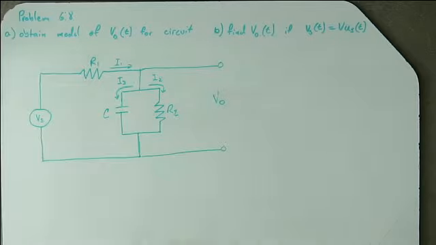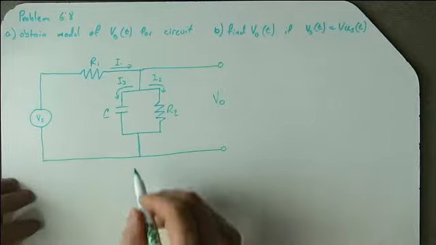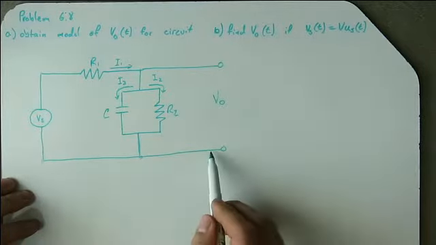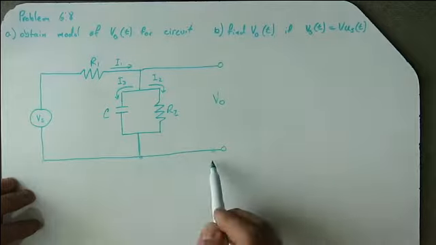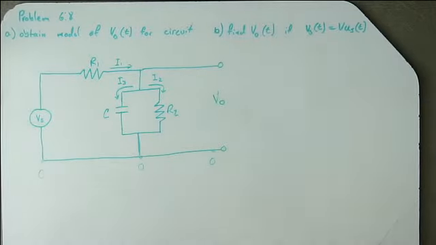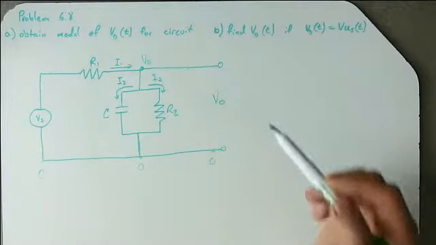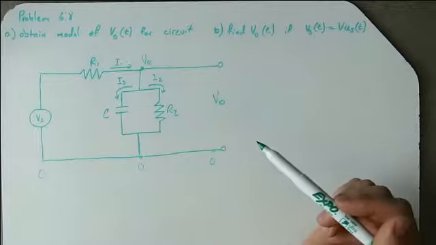So the first thing I wanted to point out here was that in the solution given, these points here, here, here are all labeled as 0 volts, and then this point is labeled as V out.